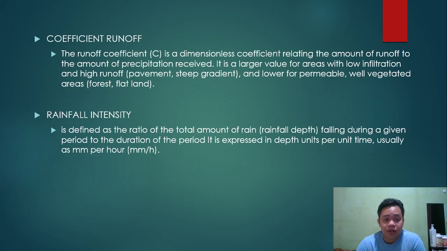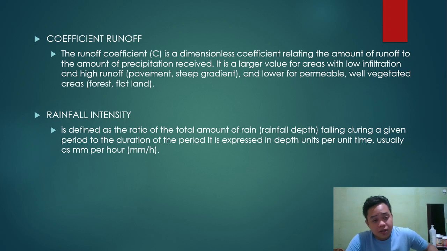Next is the coefficient of runoff. The runoff coefficient, or C, is a dimensionless coefficient relating the amount of runoff to the amount of precipitation received. It is a larger value for areas with low infiltration and high runoff, pavement or steep gradient, and lower for permeable, well-vegetated areas, forests, and flatland.